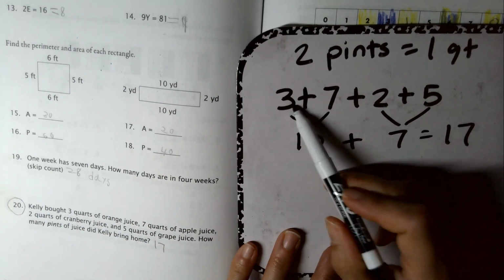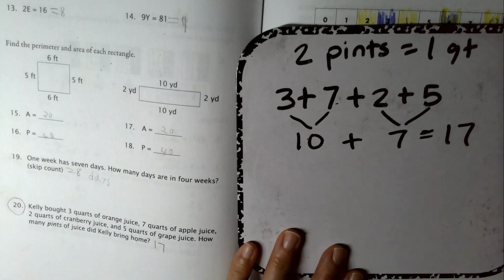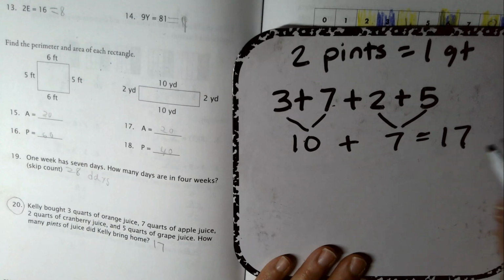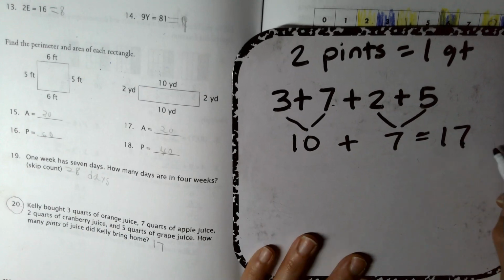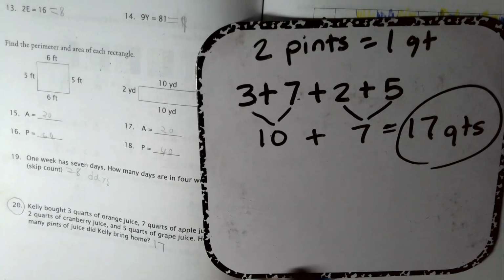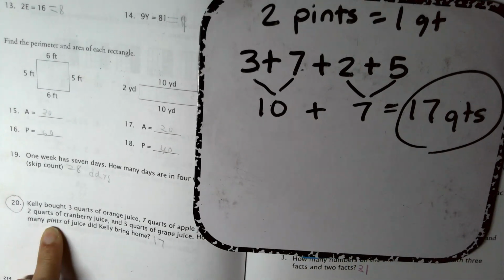So this is 7 plus 3 is 10, 2 plus 5 is 7, and then 10 plus 7 is 17. So we know that all together, this is how many quarts of juice she has all together that she brought home. But they're not asking us how many quarts did Kelly bring home. They're saying how many pints of juice.